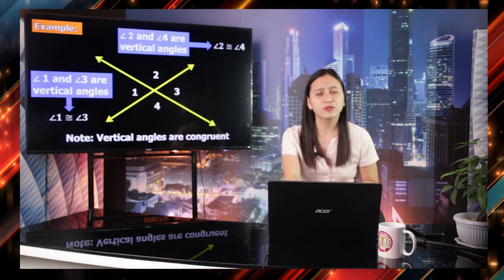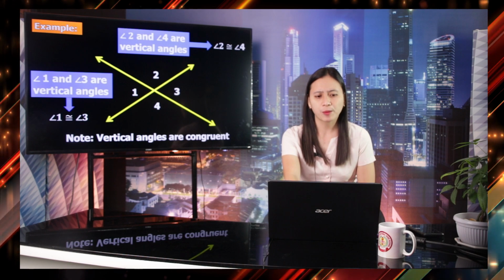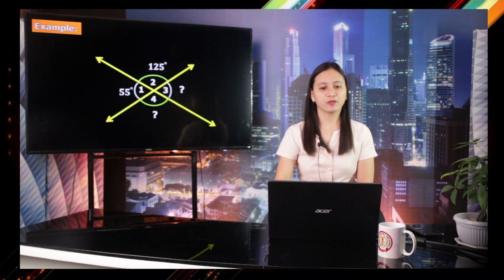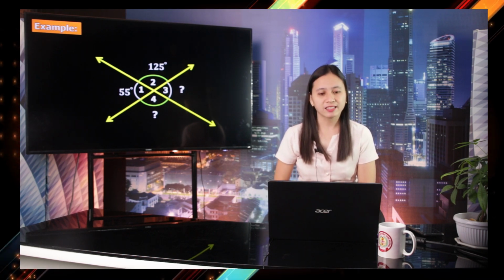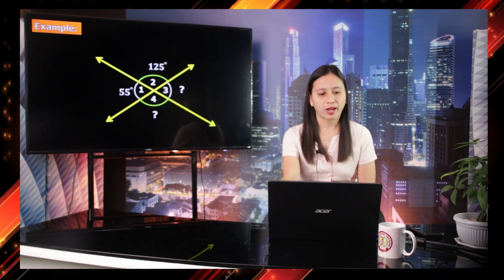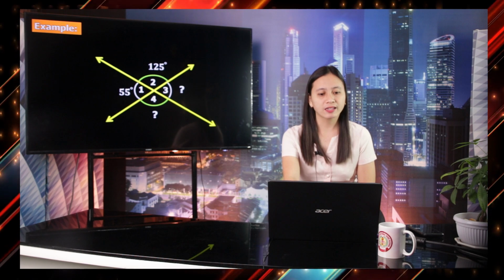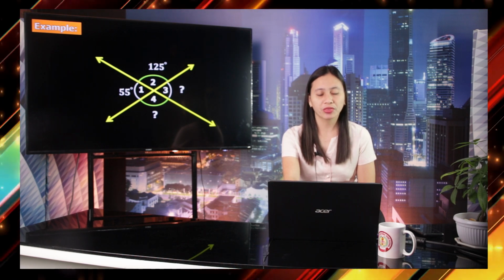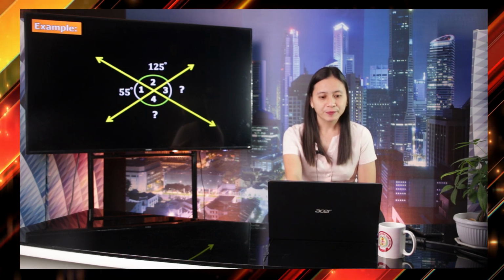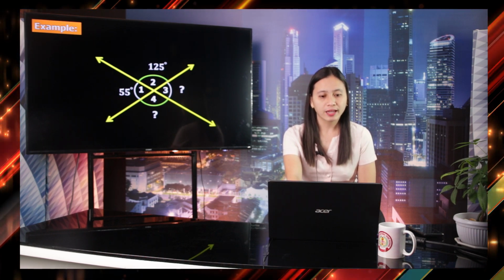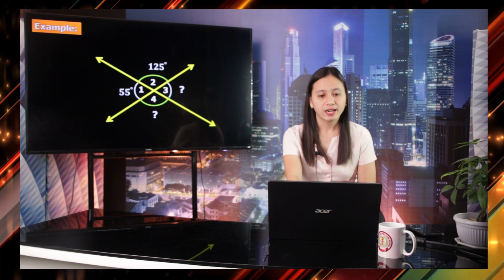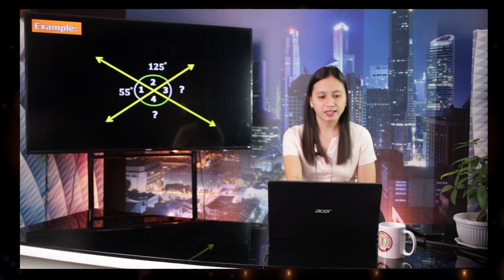Now, let me give you a very specific example for this. We have two intersecting lines where we have angles 1, 2, 3, and 4. Here, angle 1 and angle 3 are vertical angles.